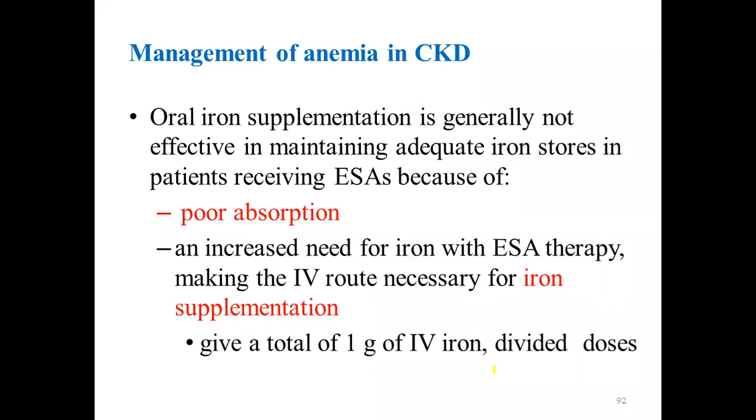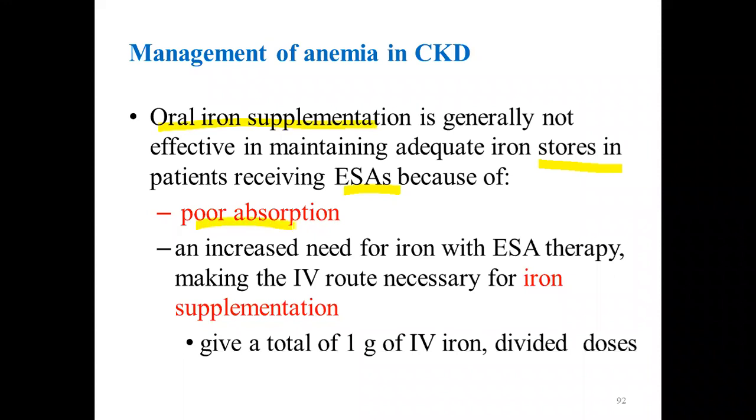Okay. Oral iron supplementation is generally not effective in maintaining adequate iron store in a patient who is receiving ESA. If a patient is receiving an erythropoietin stimulating agent, the oral form of administration is not generally recommended because of poor absorption.